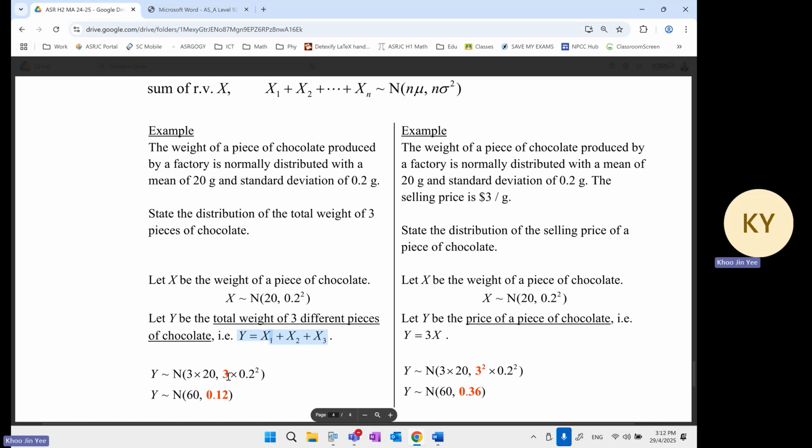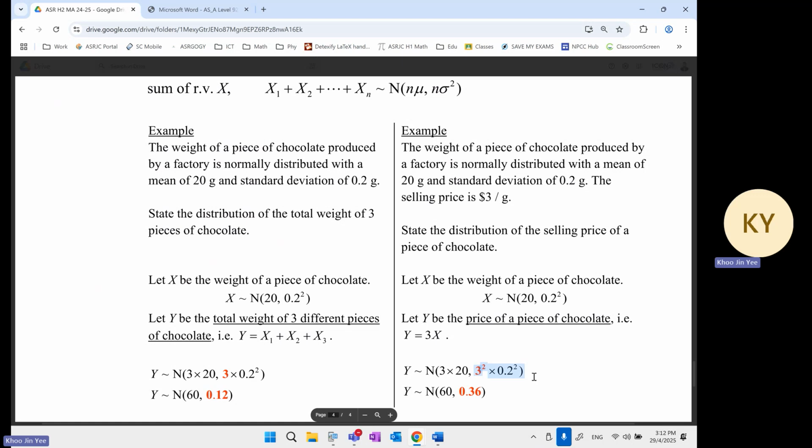Be careful. Then when it comes to the price of a chocolate, the selling price is 3 per gram, so the price of a piece of chocolate becomes 3 times x, because it's $3 times x. Because of that, the variance over here needs to be squared, 3 squared.